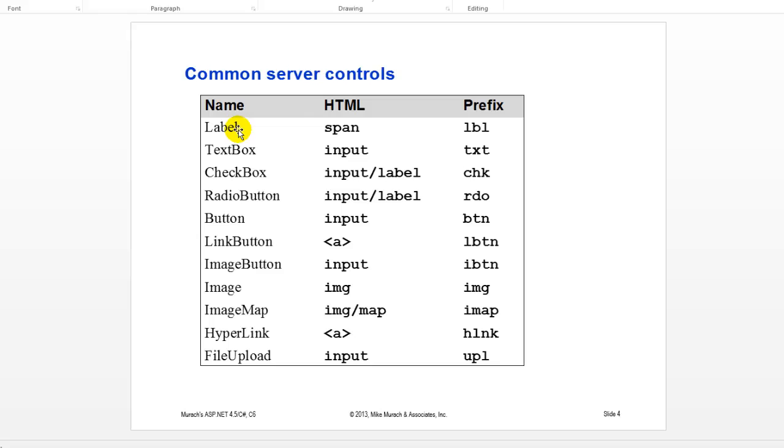So you'll have things like labels, and it also gives you the corresponding HTML element that you'll need if you want to create them using HTML instead of ASP. And sometimes it's better to make controls with HTML, even though the ASP server controls are rendered as HTML.